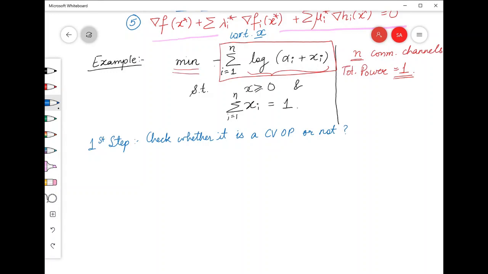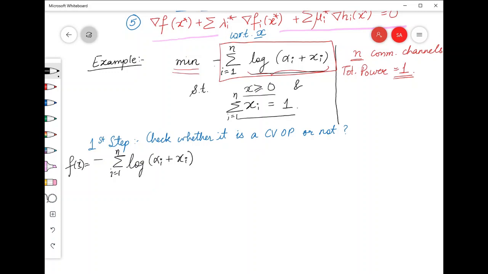So this is my function and these are the constraints. The first thing is my objective function should be convex. So let me check. Here there is a summation of log(alpha_i + x_i), where the summation is from i equal to 1 to n.